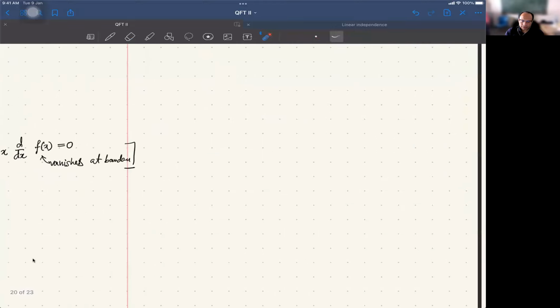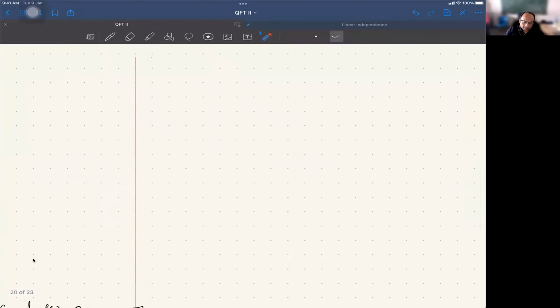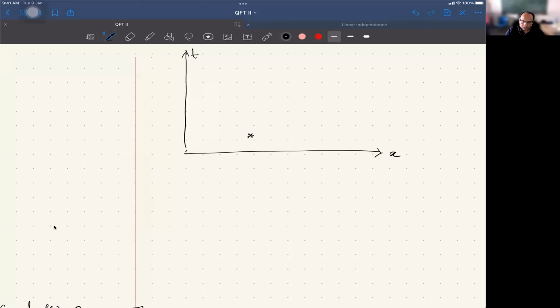So let me draw some cartoon here again. So this is initial, and then there is a final point. And suppose there is a classical path.